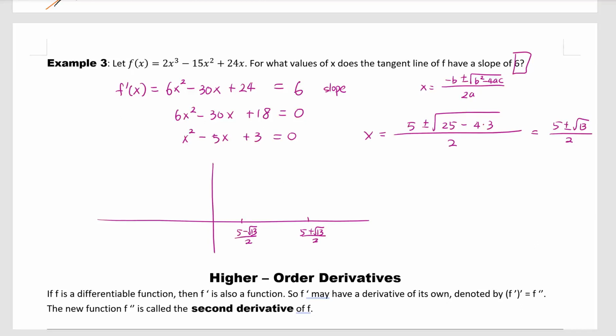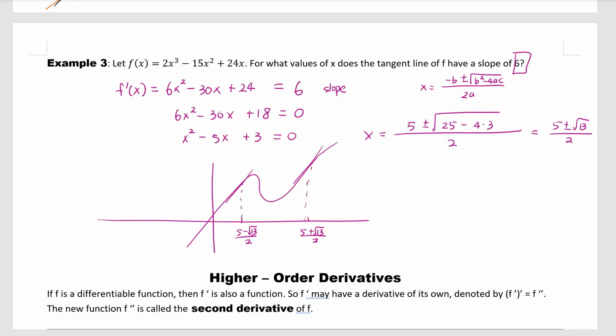So we have those 2 points, and at those 2 points, the slope is 6, right? So probably it looks like this. Then at this point the slope is 6. At this point the slope is 6. I didn't graph the graph so accurately, but I can give you an idea.